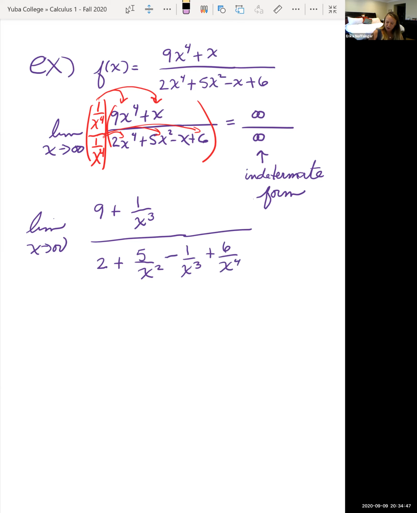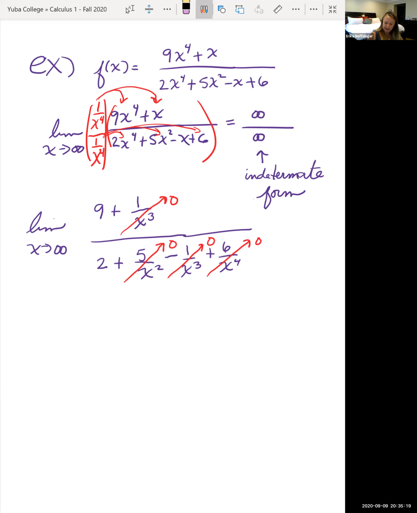And so now when we plug in infinity wherever we see an x, we know that if we have 1 over infinity or a constant over infinity, that piece is going to go to 0. So the 1 over infinity cubed piece goes to 0, the 5 over infinity squared piece goes to 0, negative 1 over x cubed goes to 0, and 6 over x to the 4th goes to 0.